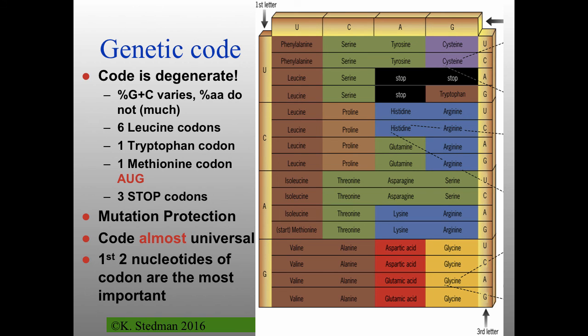Just briefly talking about the genetic code. Here, the main message is that the amino acids with similar chemistries group really closely together in the genetic code. Anything which is brown here is going to have very similar chemistry, dark brown, green.